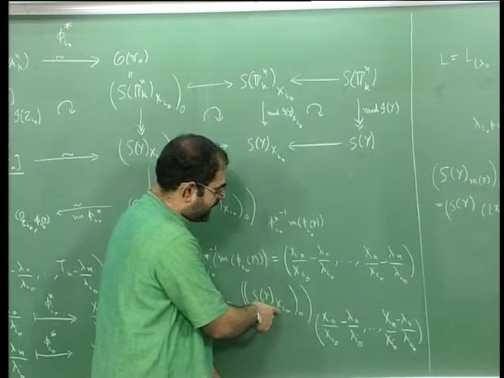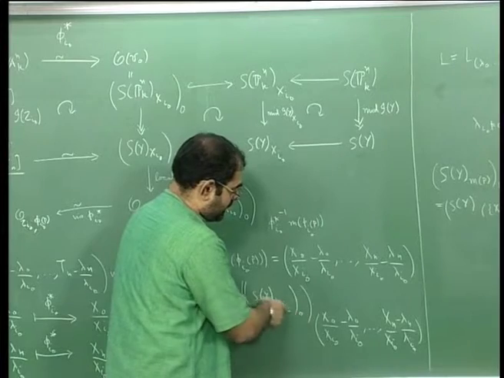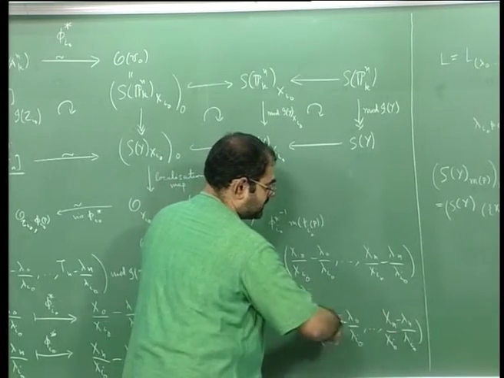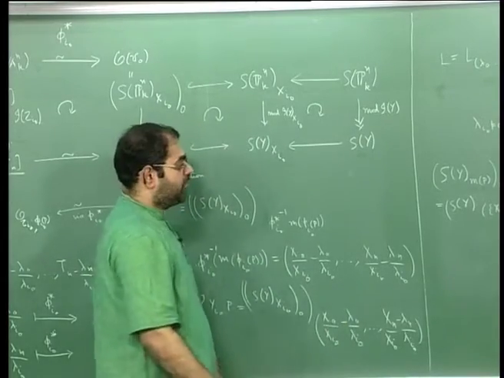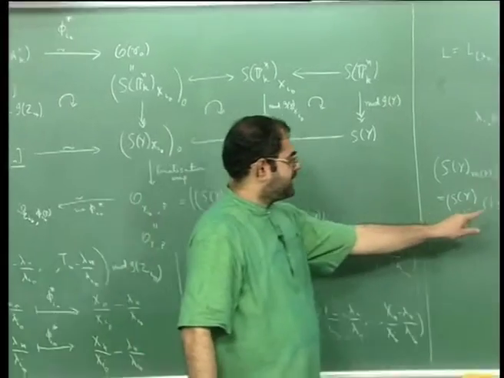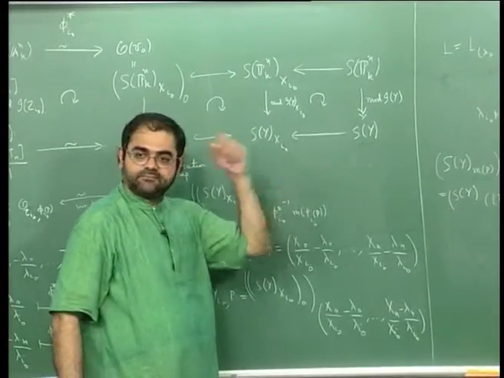If you already inverted xi naught, it's the same as multiplying this thing throughout by xi naught. So this is the same as sy localized at this and then take the degree 0 part, which is exactly that, okay.